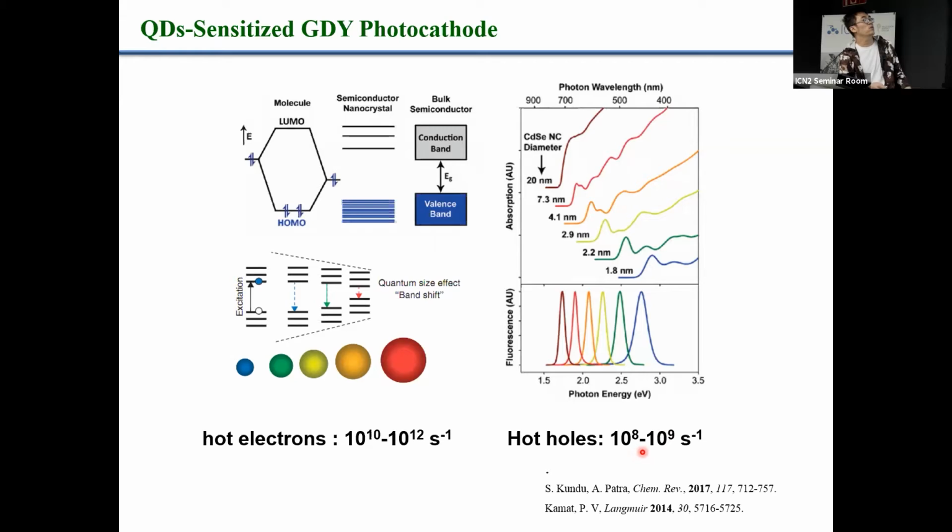So if we want to improve the overall efficiency, we must improve the hole transfer rate. We introduced before that graphdiyne has a promising hole mobility. So with this in mind, we want to assemble the quantum dots on the graphdiyne to improve the hole transfer rate. Then we can get a good performance.